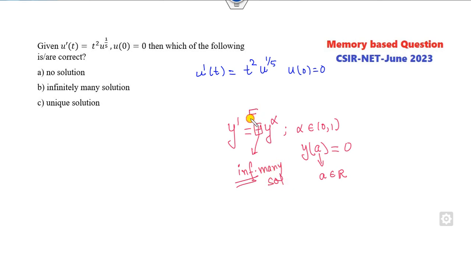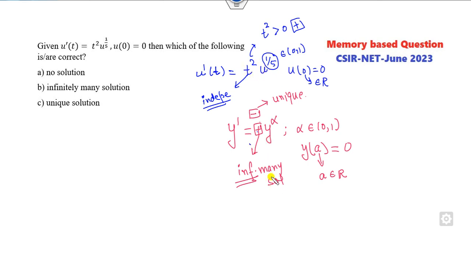When it has a negative coefficient, then we will get a unique solution. Now look at that. In this case, t is the independent variable because it's a differentiation with respect to t, and we all know t square is greater than 0. That is positive, alpha lies between 0 and 1, and this 0 also belongs to the real line. So all conditions are satisfied. It has infinitely many solutions is the right answer.